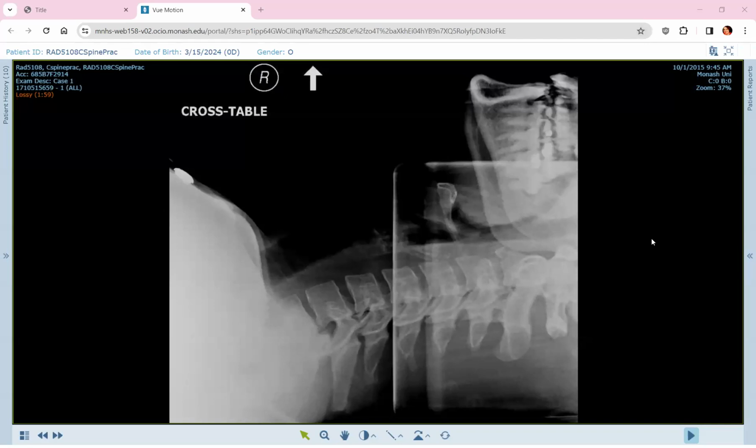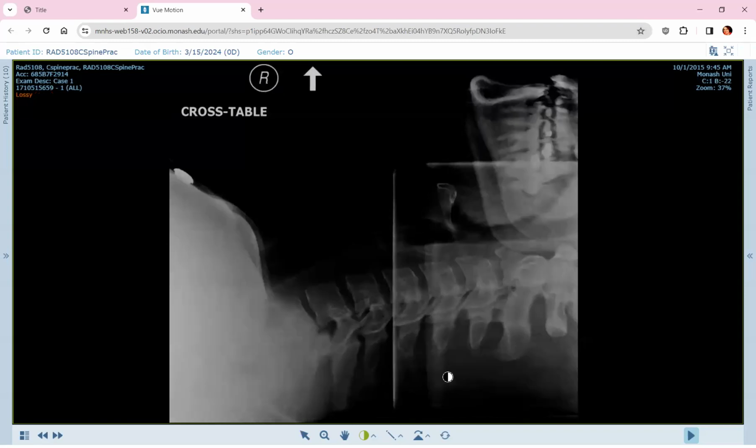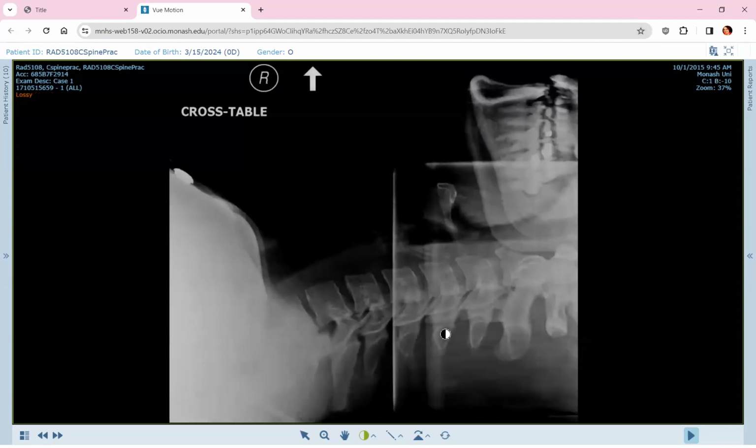So the first case that we have is that of a patient who was in a car accident and has cervical spine tenderness. So we only have one single view for this case.